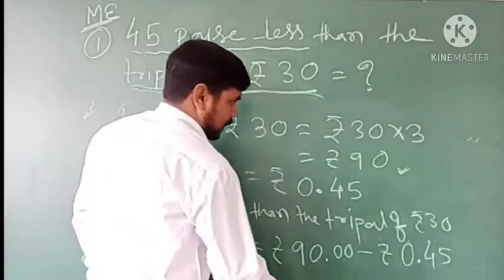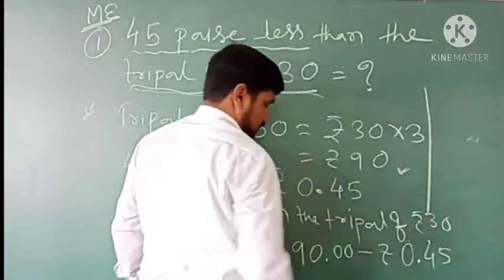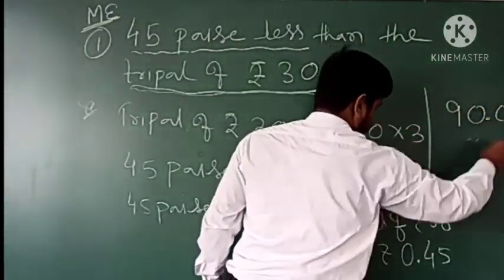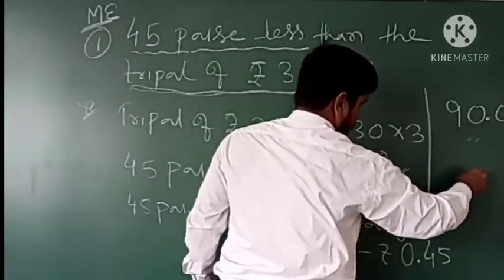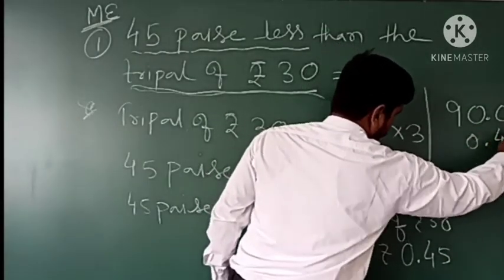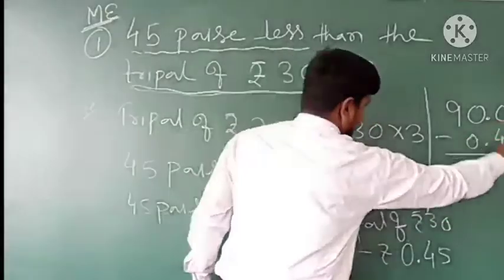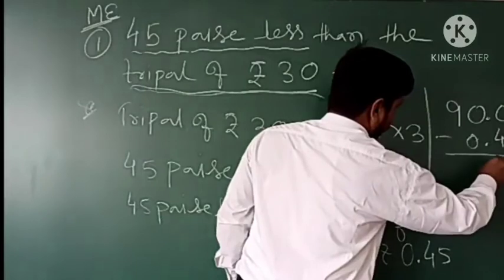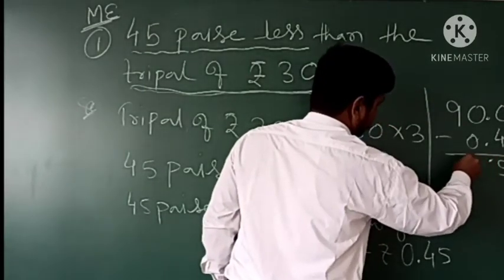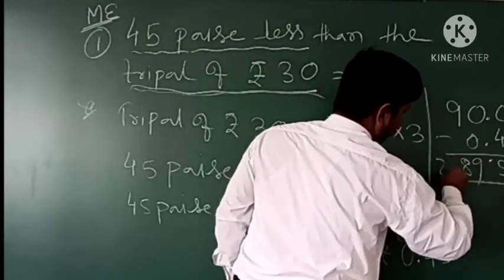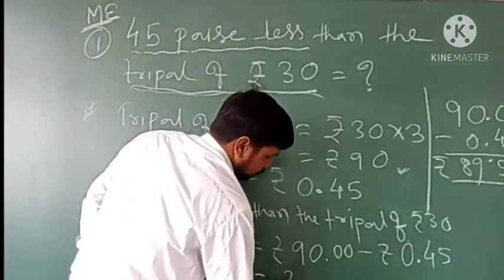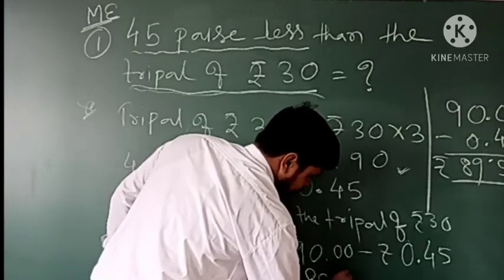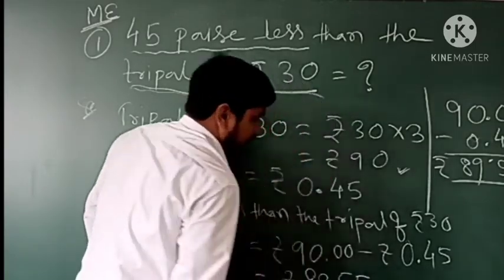Do the subtraction in rough work. So here we have 90.00 and here we have 0.45. If you subtract this, it will be 5, then again 5, then here 89. So rupees 89.55 will be the answer.